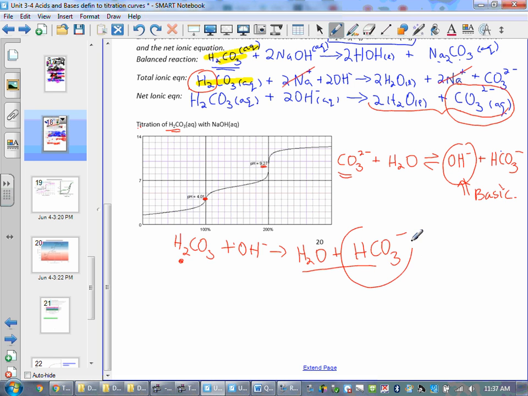And then this is going to continue to react in our second titration here. So we've got HCO3 minus reacting with the base to finish this off to make water and carbonate. So our polyprotic acids and bases will see potentially 2 or 3 little equivalence points.